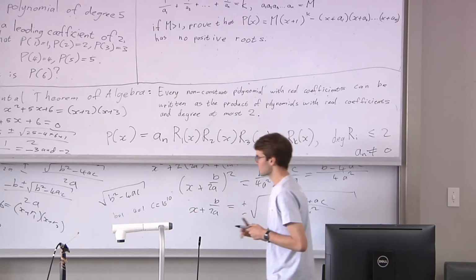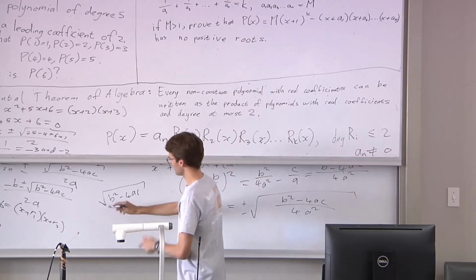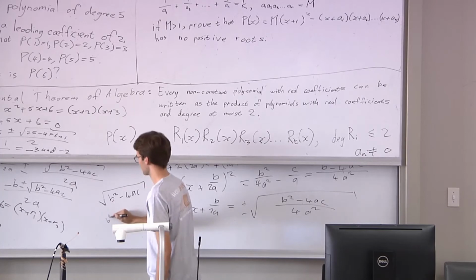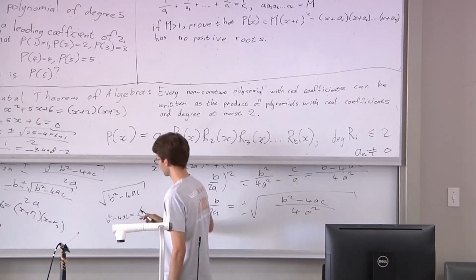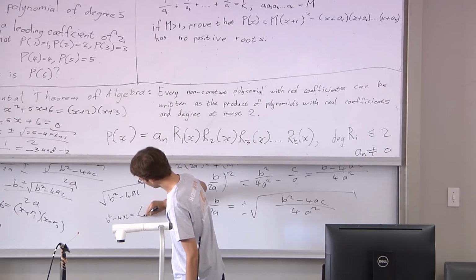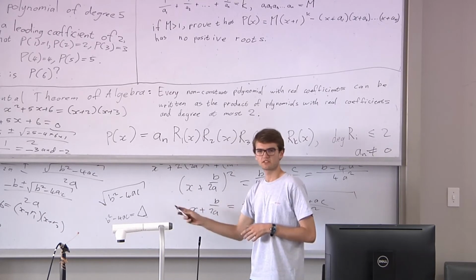So it turns out this b squared minus 4ac is written as a delta. And this is known as the discriminant.